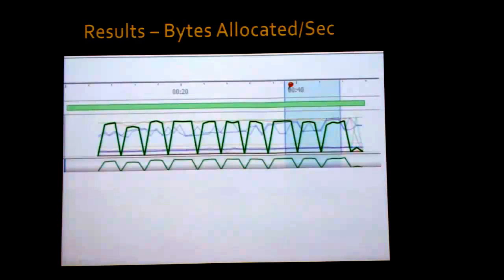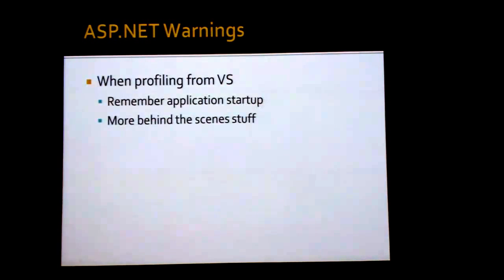Now, since a lot of you folks are ASP.NET developers, there's a couple things you want to be aware of when profiling ASP.NET apps. If you're profiling things from an IIS perspective, you won't see as much oddity in the environment when you use something like ANTS Profiler.